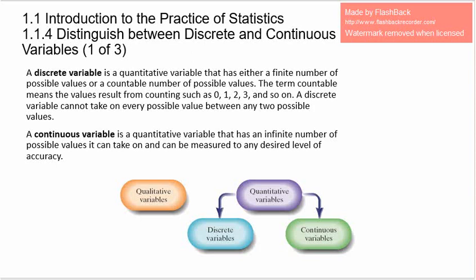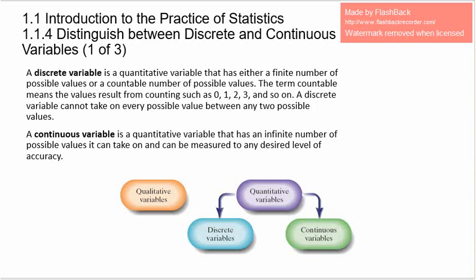Further classify quantitative variables into two types: discrete or continuous. So a discrete variable is a quantitative variable that has either a finite number of possible values or a countable number of possible values.